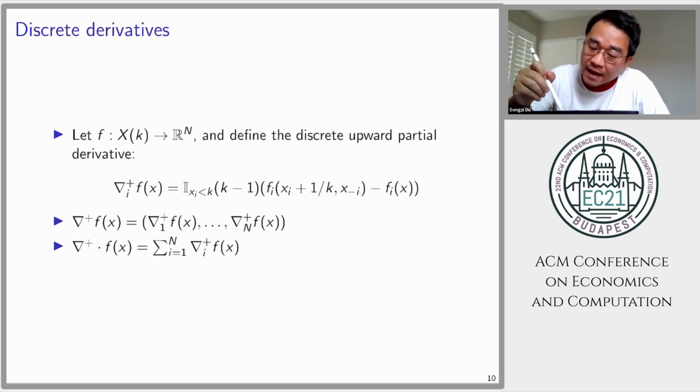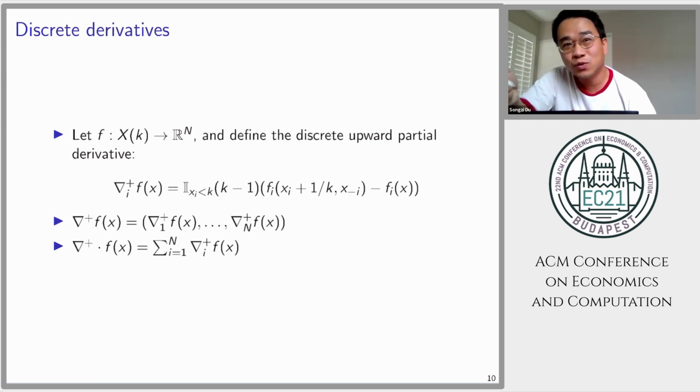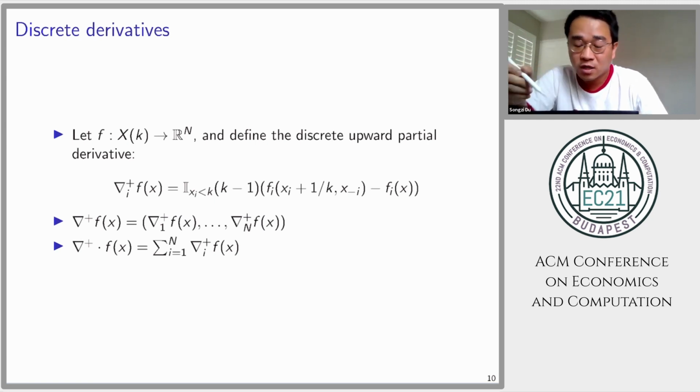The grid size is 1 over K. So del i is a discrete derivative, and this plus means that we are looking upward, we are looking locally upwards. So here is where these orders on the xi become important, because the orders enable us to define a discrete upward derivative.